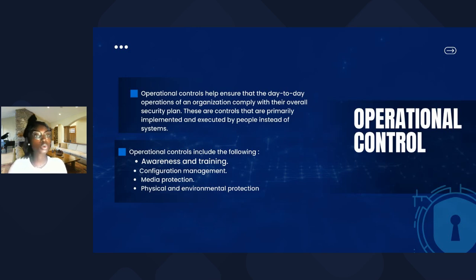Another example under the operational control category is configuration management, right? In terms of configuration management, you're trying to ensure that your systems use a baseline to actually start, right? You want them to be secure and in a hardened state.